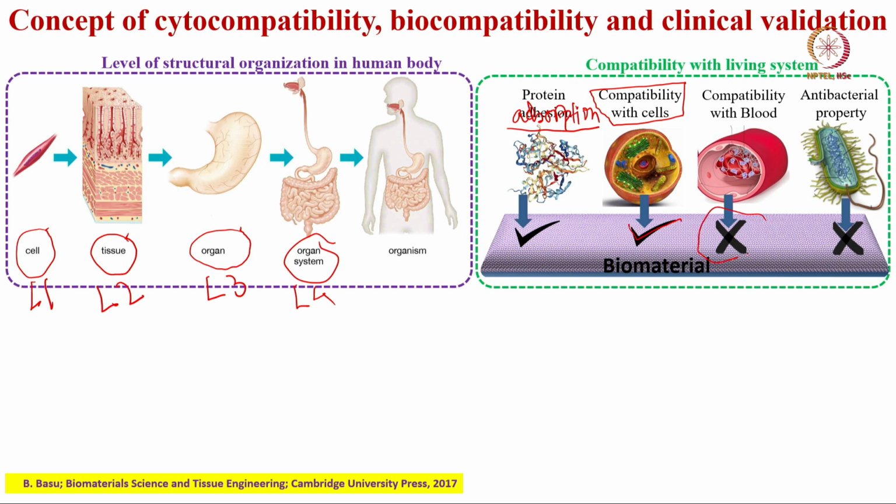Then comes compatibility with blood, like blood compatibility, and blood has different components. And then you have this antibacterial property, like bacterial adhesion, bacterial colonization. All this bacterial adhesion, bacterial colonization and colony forming unit formation can lead to infection.